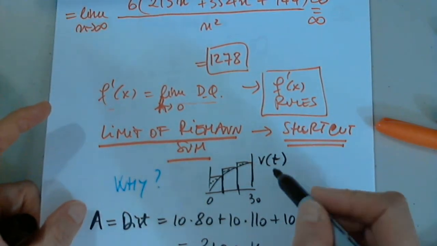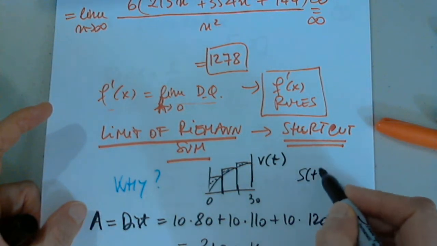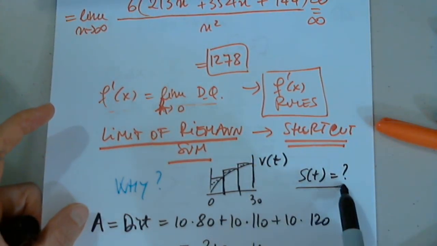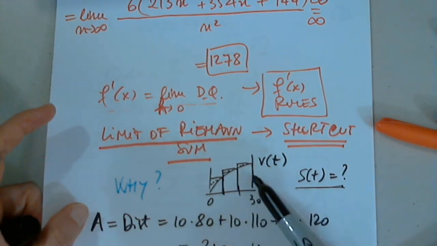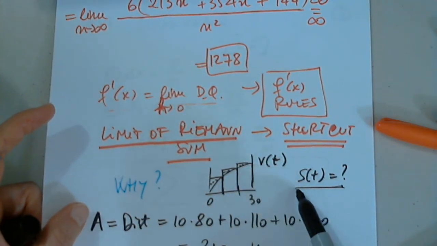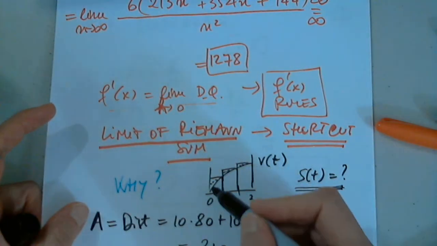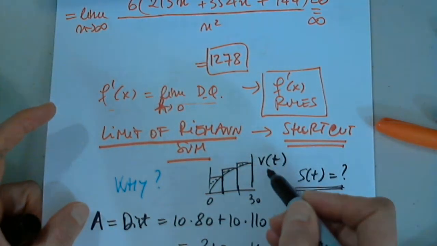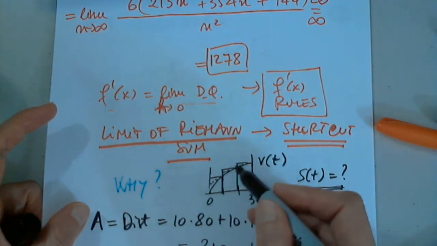So I do not have the function s of t. If I had s of t, I wouldn't have to determine the area. I don't have s of t. If I had v of t, I would have determined s of t, but I don't have v of t. I only have a graph.